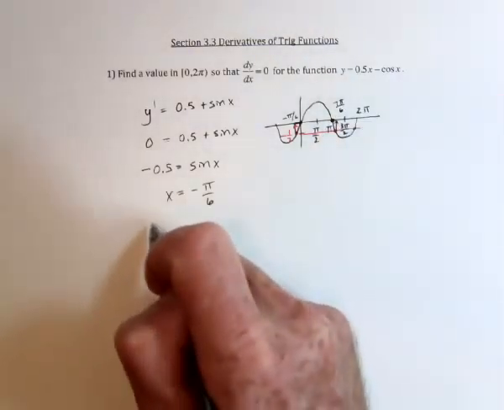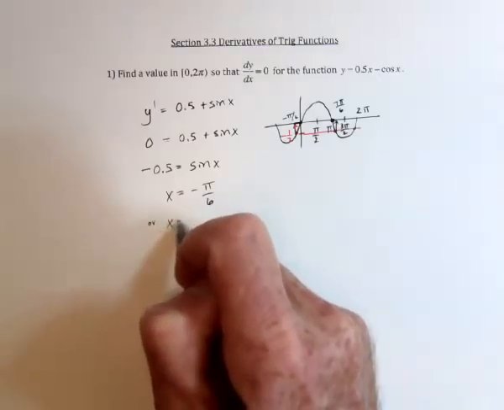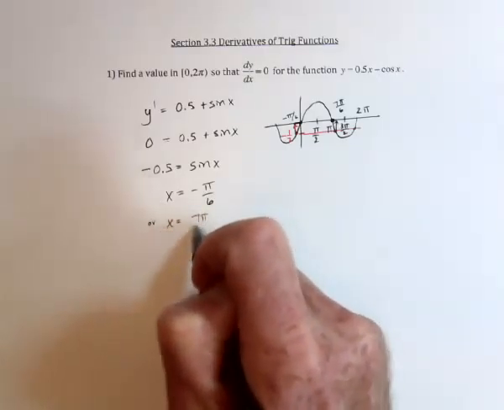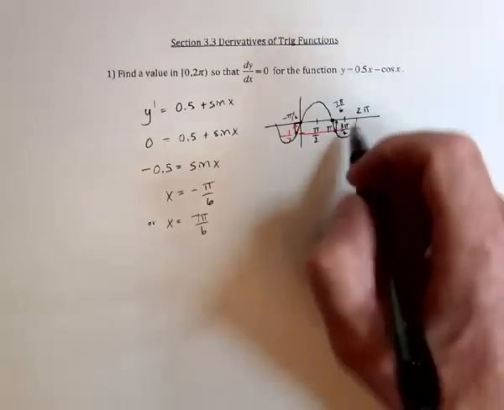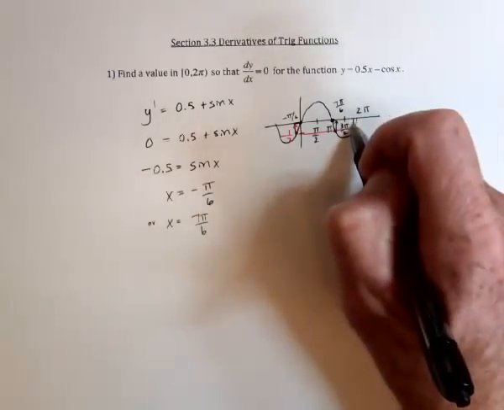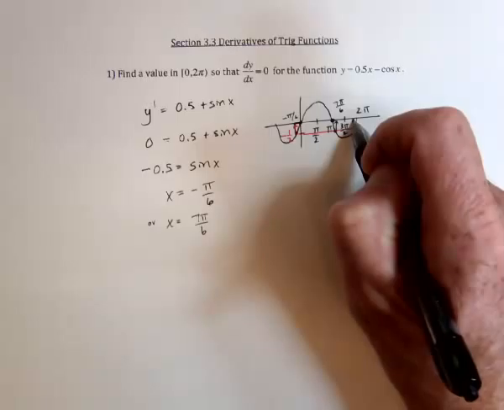So 7 pi over 6 is another possibility. And there's another one right here, which is just to the left of 2 pi.